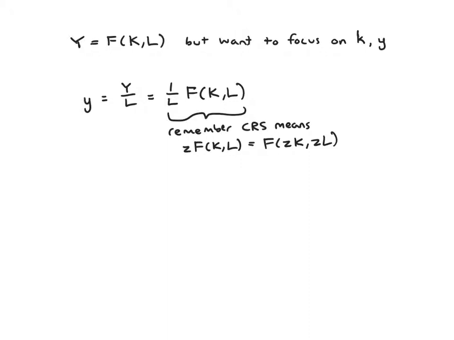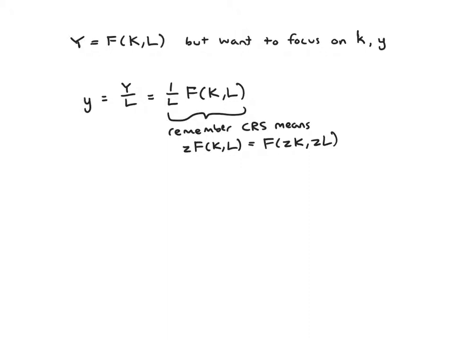So little y is Y over L. So then it equals, we can replace the Y with F of K and L. And now it looks like we're kind of stuck because this expression looks like a big mess. But the key is to remember that we've assumed that the production function is constant returns to scale.